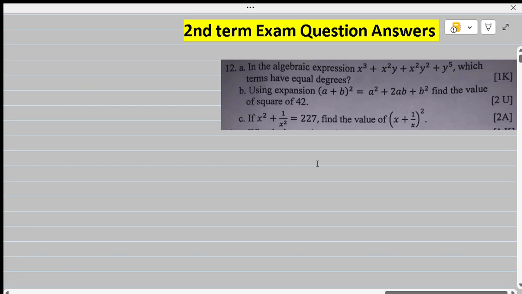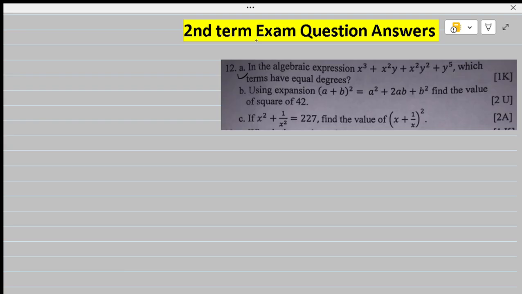Okay, let's see what is here. So in 12 part A, in the algebraic expression x cubed plus x squared y plus x squared y squared plus y to the power 5, which terms have equal degrees, we are asked. So serially we go for finding the degrees of each term first. So the degree of x cubed, its power is 3, so the degree is 3.